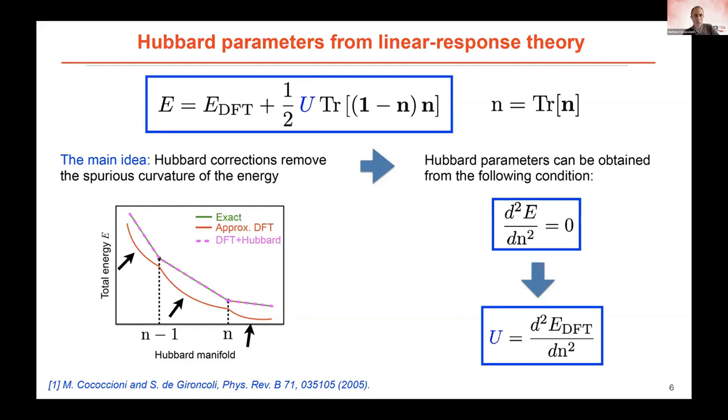Let me comment a little bit more on this. If you work out the explicit expression of our linear response calculation of U, you get a U that is again this integral of the Coulomb interaction over atomic states, basically in the basis set that we typically use in the DFT plus U calculation, with some screening. The screening comes from considering all the d states of one atom together and averaging over them.